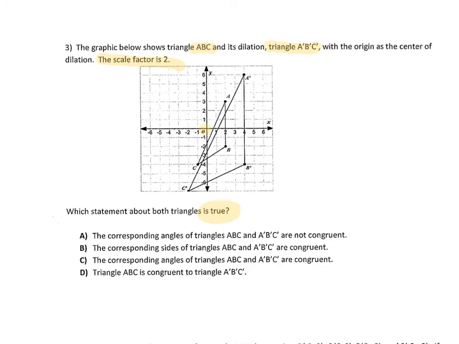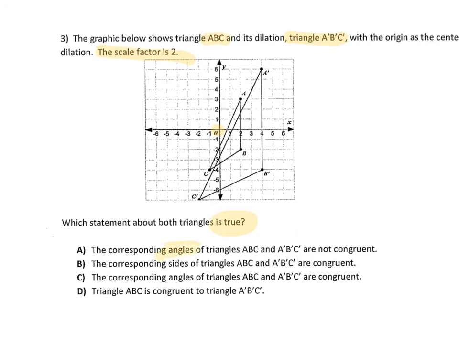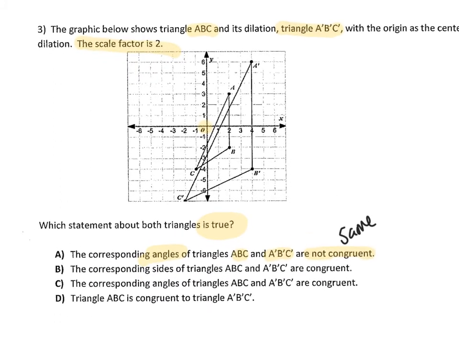A says the corresponding angles of triangle ABC and A prime, B prime, C prime are not congruent. So congruent means same. So what we just talked about a second ago, did the angles change? No, so the angles should stay the same. So this is saying that they're not congruent. So A is out. The angle measures always stay the same.